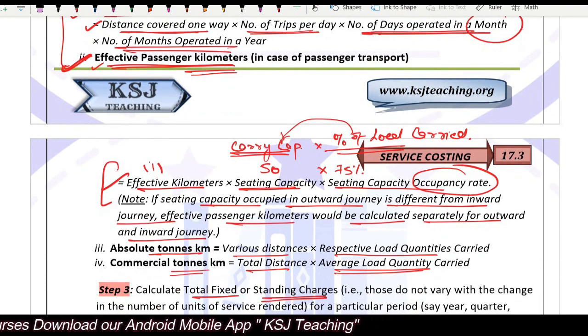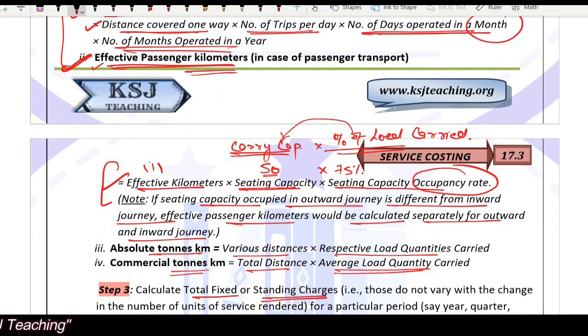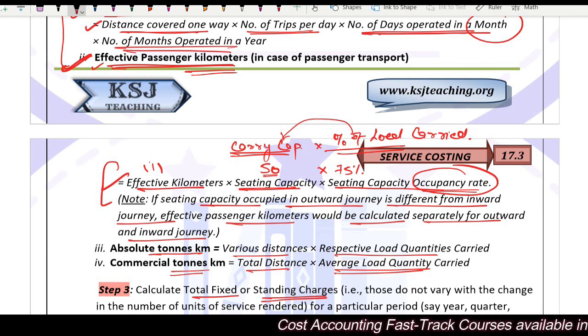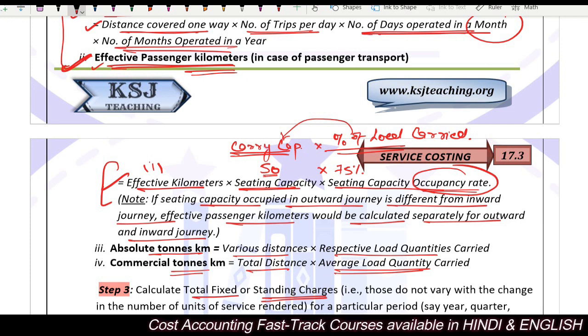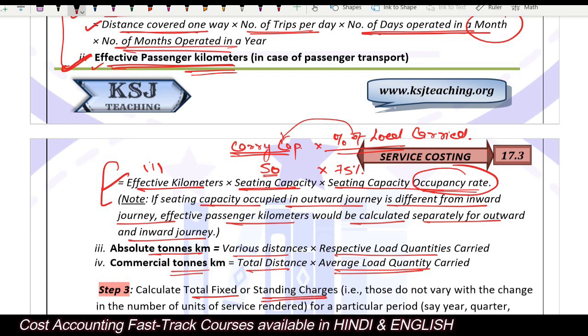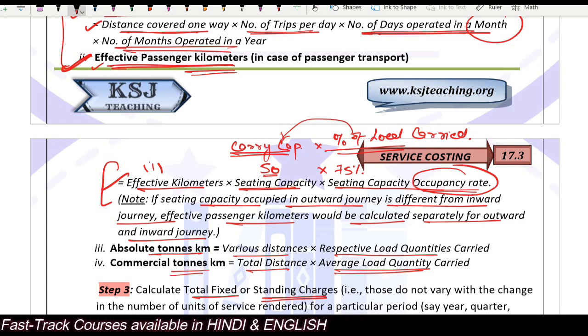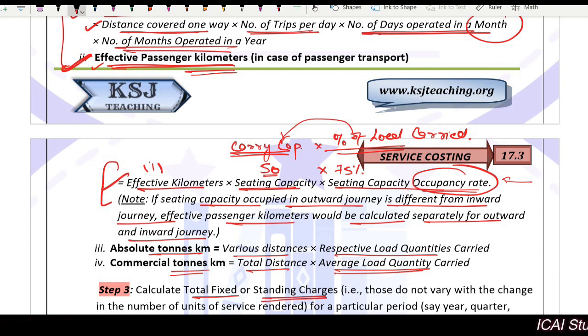So effective kilometers multiplied by seating capacity. What is the total seating capacity and how much of that seating capacity is occupied? Occupancy rate. Because if you are calculating the cost of carrying one passenger over 1 kilometer, that means you will have to consider this occupancy rate. You will not be calculating for the empty seats, because you are not carrying the passenger in that case, right?